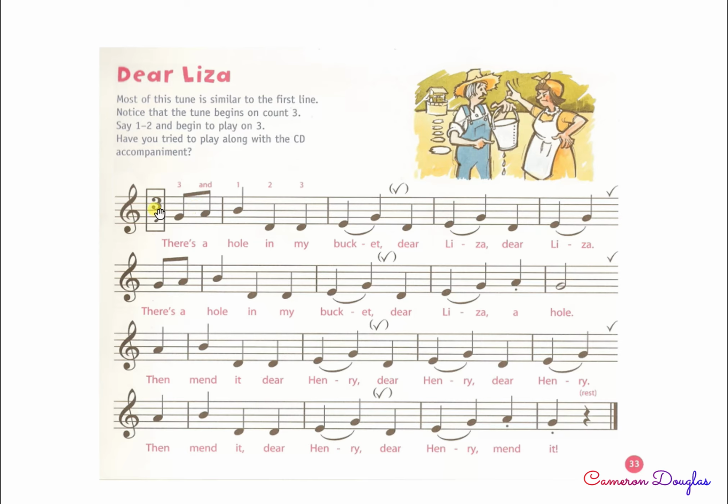Again, we're going to start off with the 2 missing beats, and then we start here. 1, 2, 3, and 1, 2, 3, 1, 2, 3, and so on, continuing through the song, until the end: 1, 2, or 1 rest.